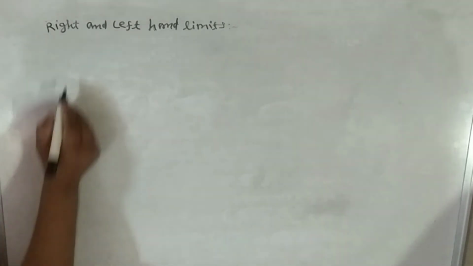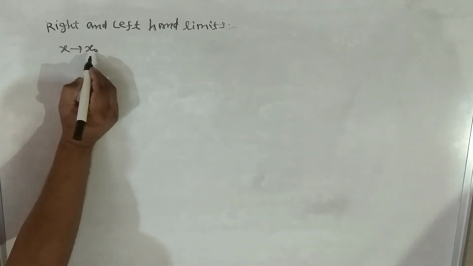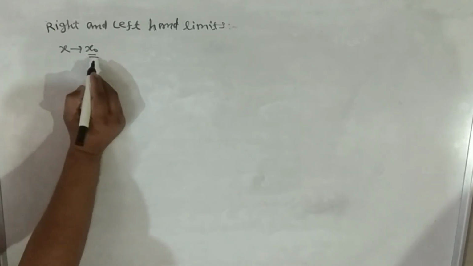In the process x tends to x0, the values of x may be greater or smaller than this x0.